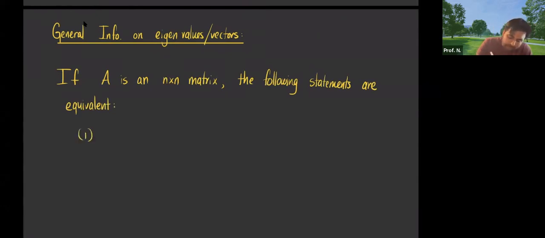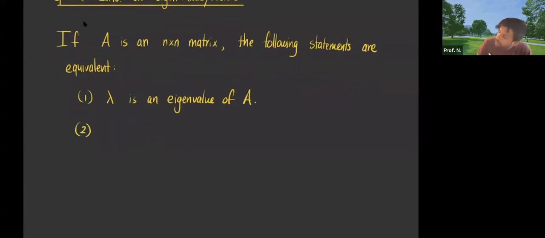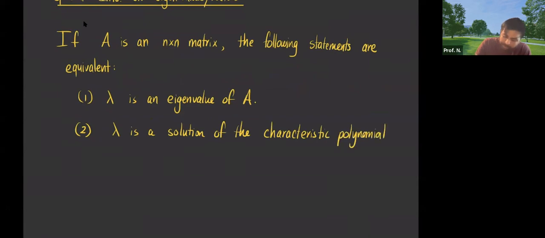The first one is that if lambda is an eigenvalue, this is just summarizing what we already know, okay? It's an eigenvalue of A. Then lambda is a solution of the characteristic polynomial, the determinant of A minus lambda I equals 0.